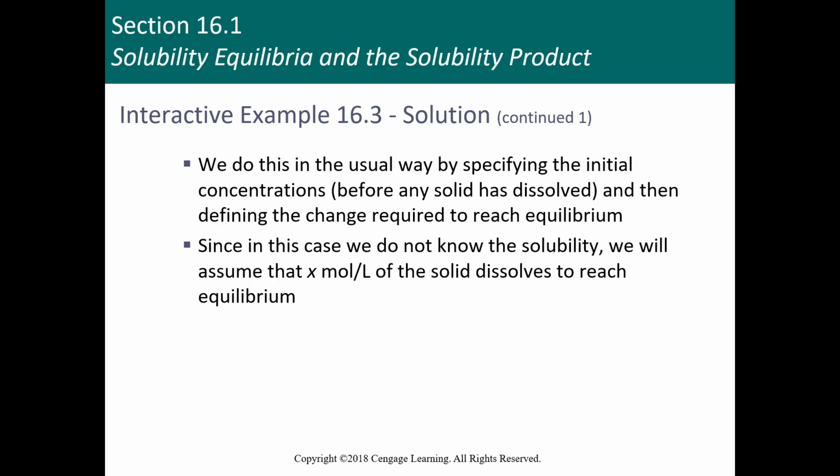So the normal way we would do this is by specifying our initial concentrations, typically before any solid has dissolved, and then we would define the change required to reach that equilibrium. In this case, we do not know the solubility. So we will assume that we have X moles per liter of the solid dissolves to reach equilibrium.